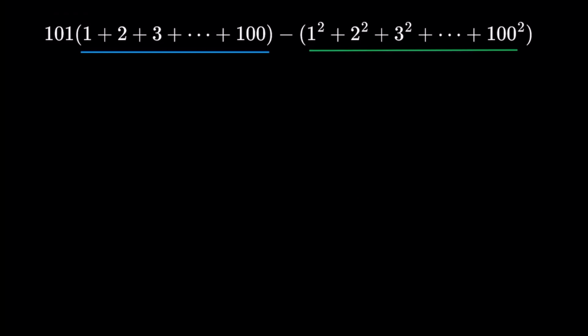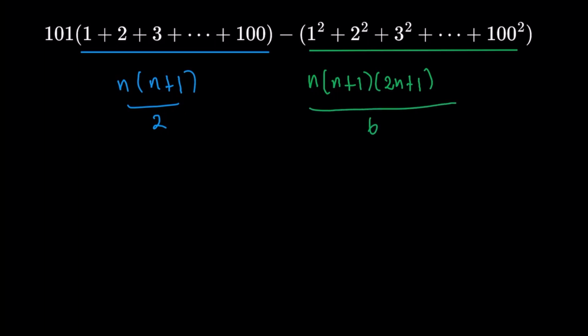The sum of the first n positive integers has a very nice form: n times n plus 1 divided by 2. For the sum of the first n positive perfect squares, it is n times n plus 1 times 2n plus 1 divided by 6. That's the closed form. So essentially, we just have to substitute n equals 100 for both.